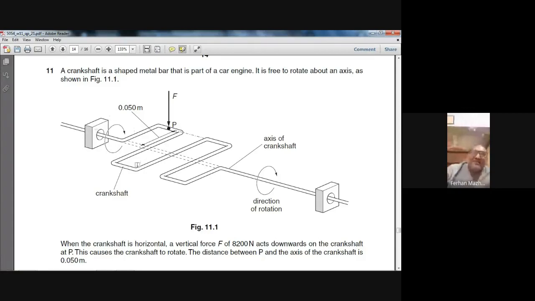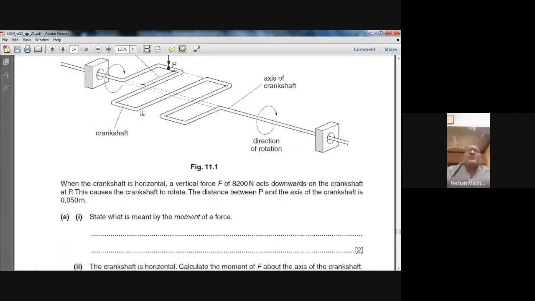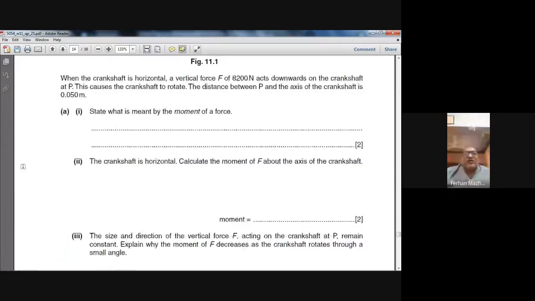Actually, what is happening? This is the pivot, and here I have a point P. Here I am applying a force of 8200 Newton, and the moment arm from this pivot is 0.050 meter, and he will ask you to find out its moment. Question A, first part: state what is meant by the moment of a force. It's a two-mark definition.